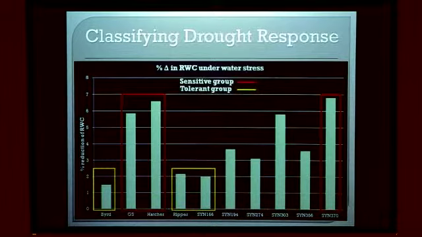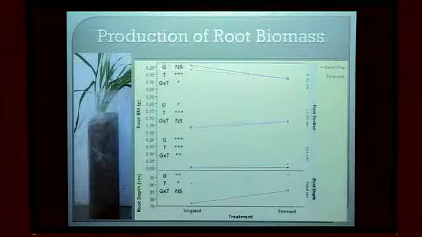So being able to have this grouping system like this then allowed us to look at all of our other traits we measured and compare them to these two traits to see if there's any significant difference between them, and to give us some indication of whether or not all of the other traits may contribute to the separation in these groups. So we'll refer to this grouping a little bit throughout the rest of the slides.